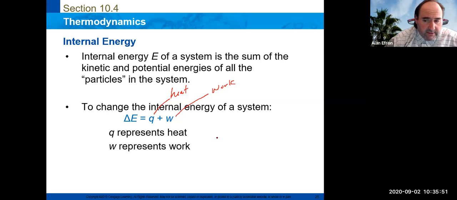A lot of times we use energy to do some type of work on something. The change in internal energy is the sum of the kinetic and potential energies of the particles in a system. Kinetic energy is the energy due to motion. Potential energy is kind of stored energy, the energy due to position.